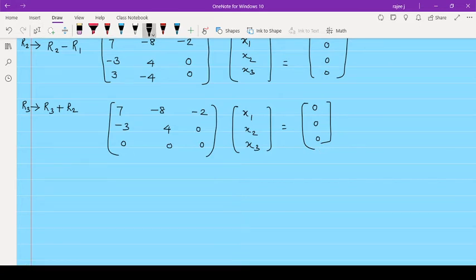So now, what my aim is, I will try to make this minus 3 into 0. If I make this minus 3 into 0, what will happen? Let's see that. This minus 3 will become 0. So if I do 7R2 plus 3R1, this term will become 0, because 7 into minus 3 is minus 21, 3 into 7 is plus 21, minus 21 plus 21 is 0.